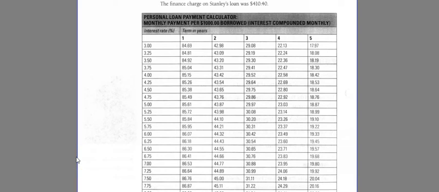Now this chart, the important thing that you've got to identify here is when you borrow at a certain interest rate for a certain amount of time, here it shows from 1 through 5 years, so at 3% for 1 year, this $84.69 is the monthly payment that you will pay back per every $1,000 borrowed.